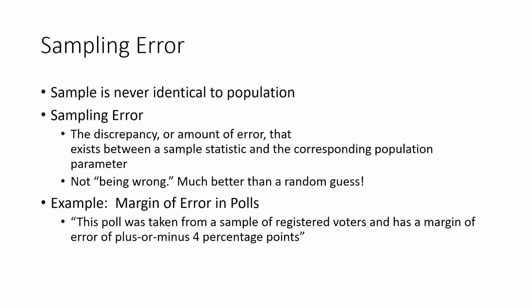So an example of this is the margin of error in polls. You might have heard before something like, this poll was taken from a sample of registered voters and has a margin of error of plus or minus 4 percentage points. What that's reflecting is the fact that we know when we did this poll that what all the voters in the whole United States really feel about this issue is not going to be accurately reflected perfectly in our little poll.